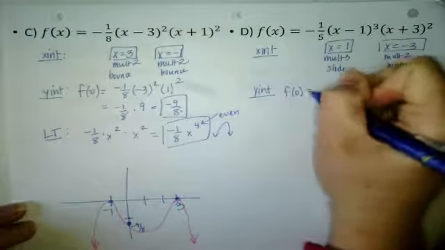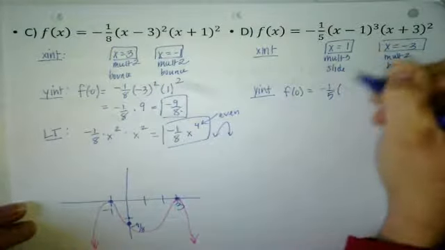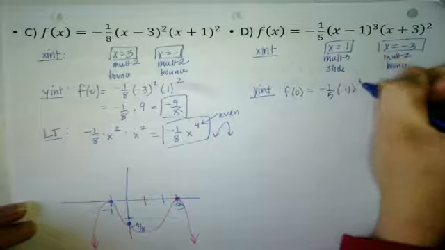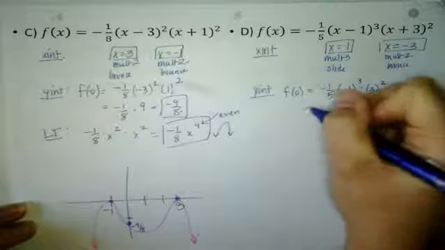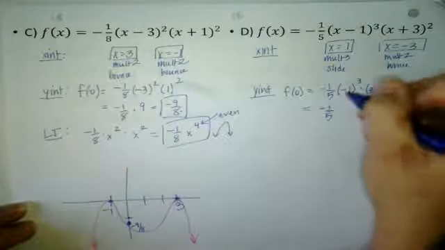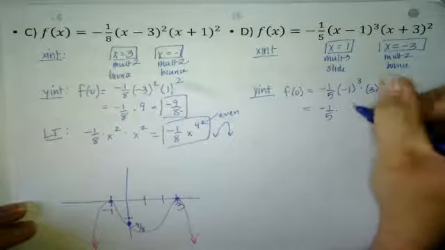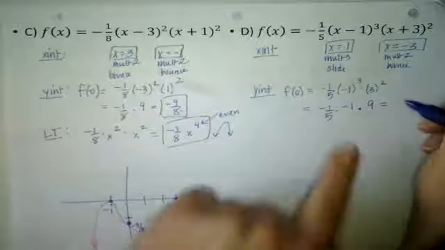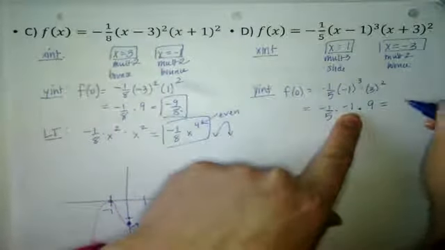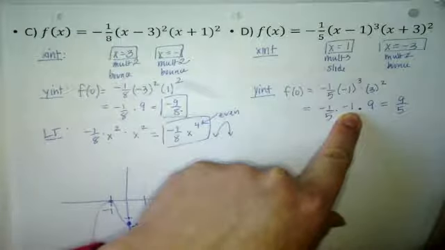Okay, y-intercept. Plug in zeros for x. We get -1/5, 0 minus 1 cubed, and 0 plus 3 squared. So -1/5. -1 times -1 times -1 is -1. 3 squared is 9, so we're getting a positive result, 9/5.